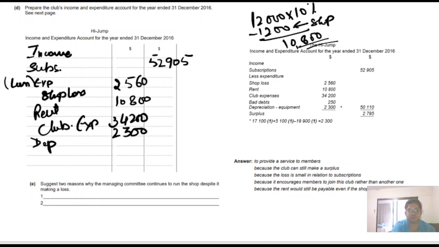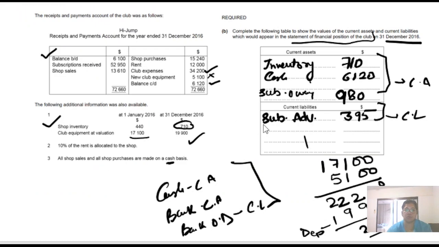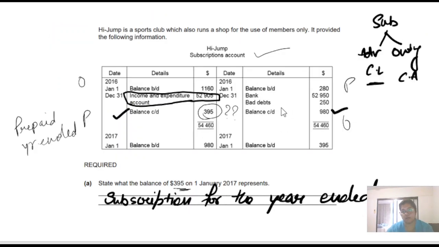And then in the subscription account there is a bad debt. I think you also observed that there is a bad debt which is 250. So you have to write it down because bad debt is your expenditure. So in income and expenditure account, in expenditure you have to record that.